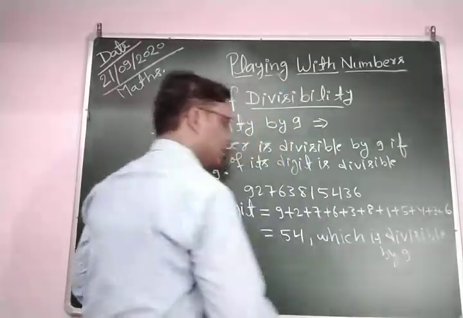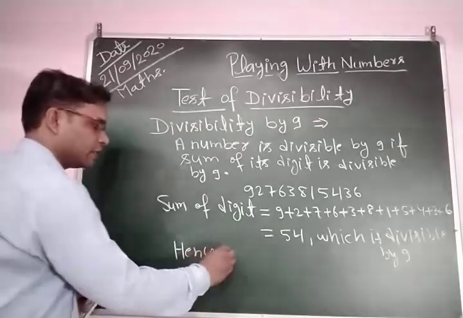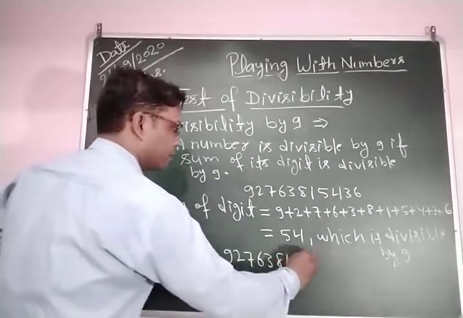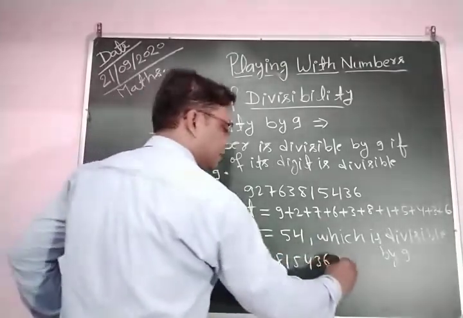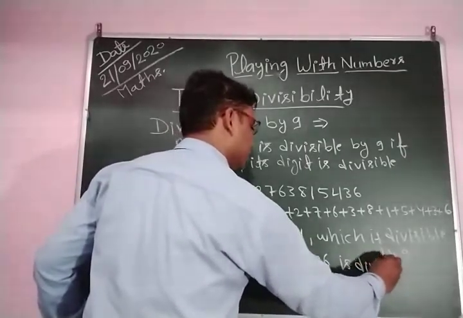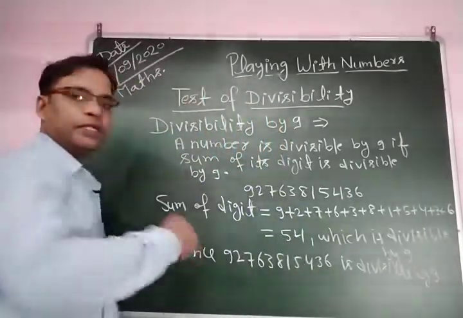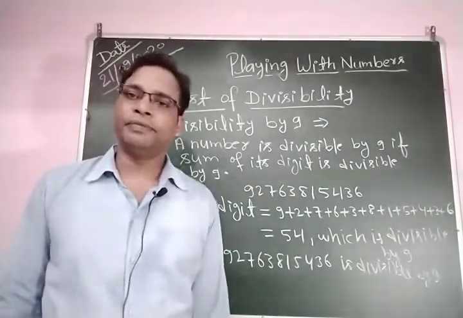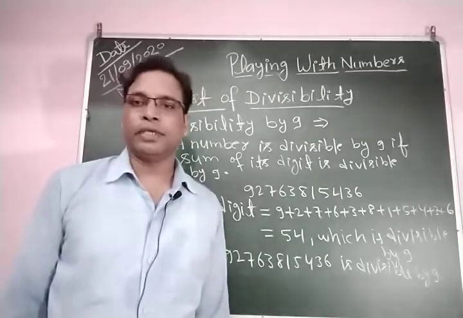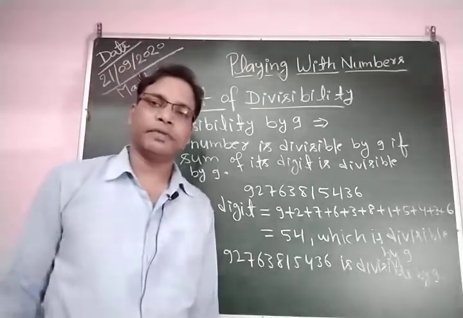Hence 9 2 7 6 3 8 1 5 4 3 6 is divisible by 9. Okay, if the sum of digits of the number is divisible by 9, then the number is also divisible by 9. Now let's see another example and verify the divisibility test of 9.